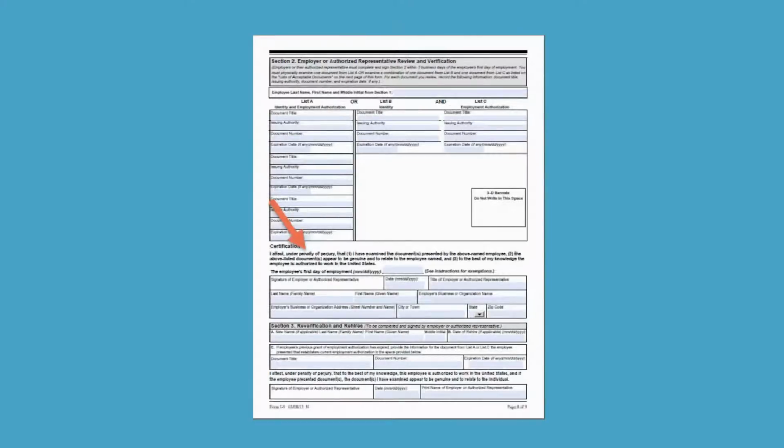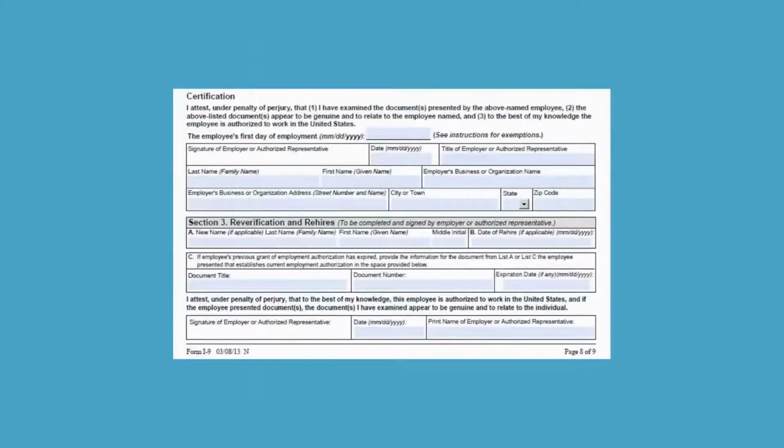Under the certification section, the employer fills in the employee's first day of work, and again, it needs to be in the month, day, year format. They would sign the document, put the date in that the employer completed Section 2, their title, their last name, and then their first name, the employer's business name, the business address, the state, and the zip code.